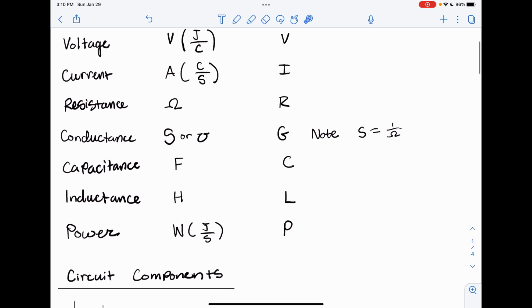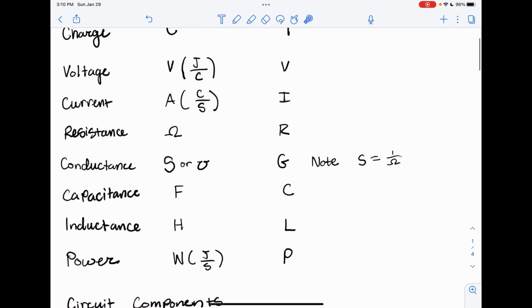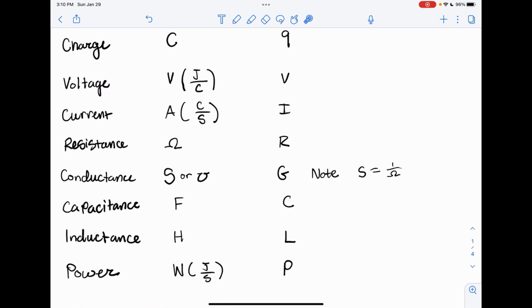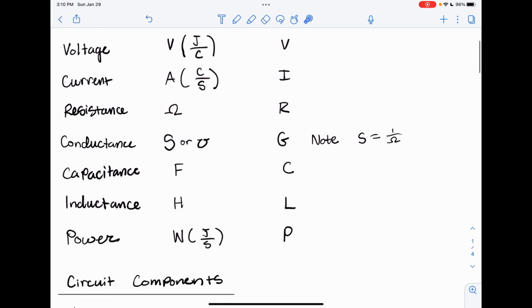So whoever invented electrical engineering apparently had a sense of humor. We will hardly, if ever, work with conductance, but it's just important to know where it comes from, because it may be useful in some physics applications. But the capital letter G is what we use to denote that. And a side note over here is that Siemens is equal to 1 divided by ohms.